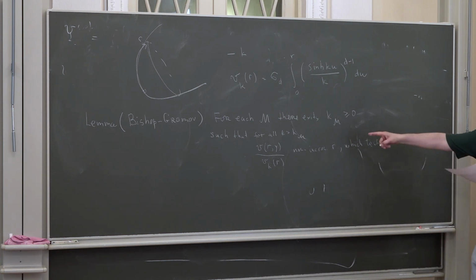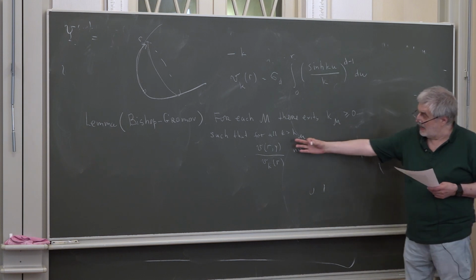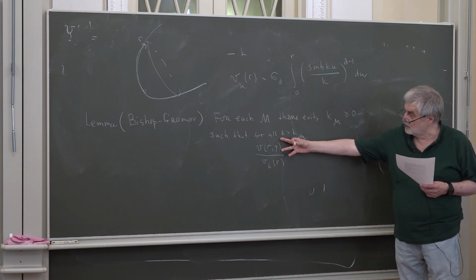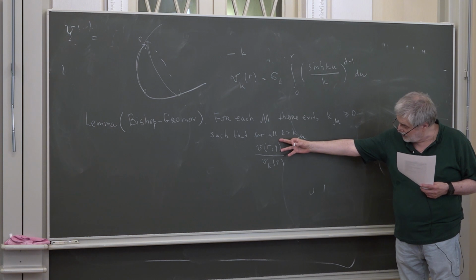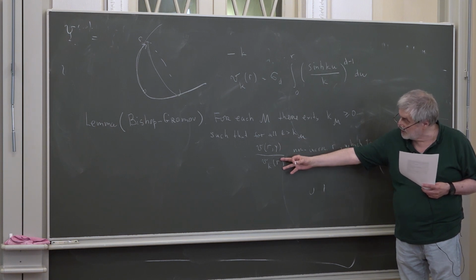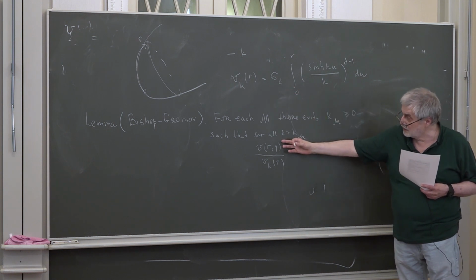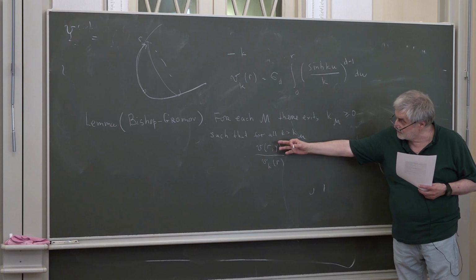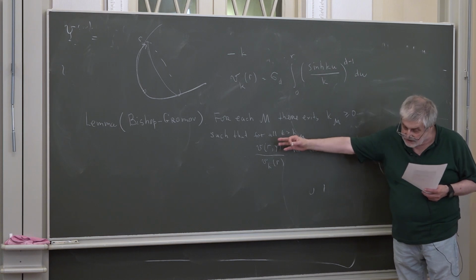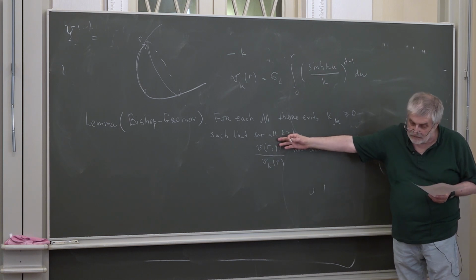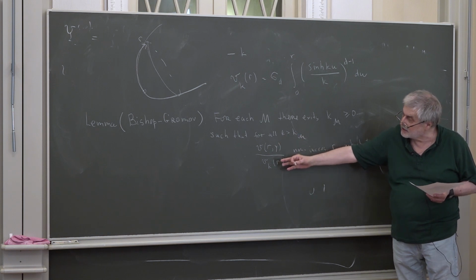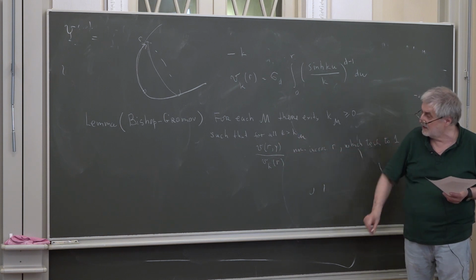So this is monotonic. We compare the volume in our Riemannian manifold with the volume in this specific hyperbolic space, and it turns out this volume for an arbitrary Riemannian manifold can be controlled by this.